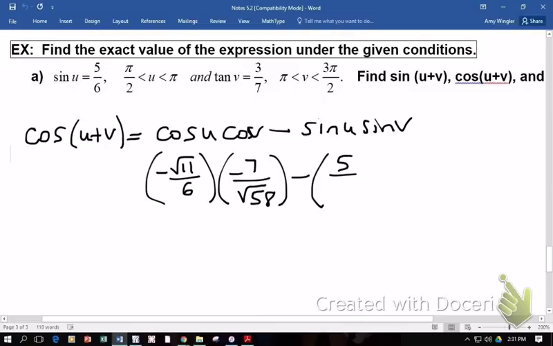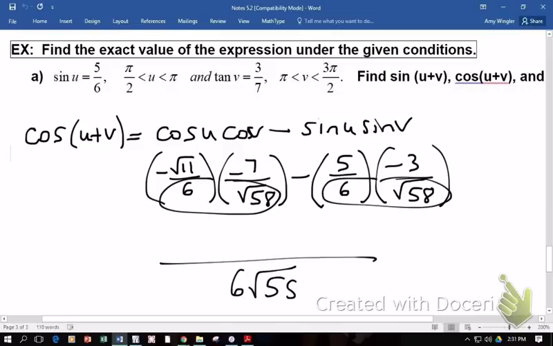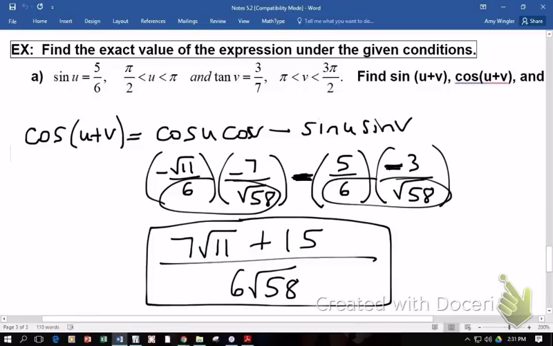The sine of U is opposite over hypotenuse, and the sine of V is opposite over hypotenuse. We have common denominators, which are 6 times radical 58. So let's multiply the numerators. Here I have two negatives, which will equal a positive 7 radical 11. And again, I have a negative here and a negative here. That will be a positive 15. And we just leave our answer like that.